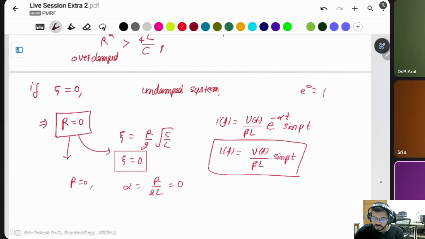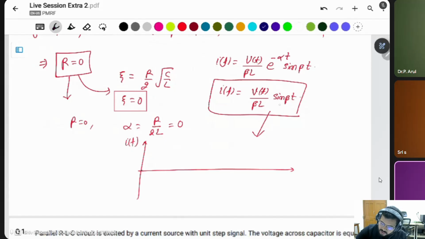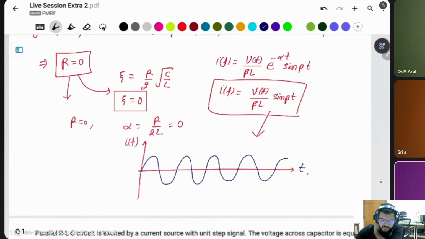What is the meaning of this? What is the current nature in this system? Simply sinusoidal. There is no damping. If no damping, it means oscillatory. This will be a perfect sinusoidal. It never goes to zero. This current never goes to zero.